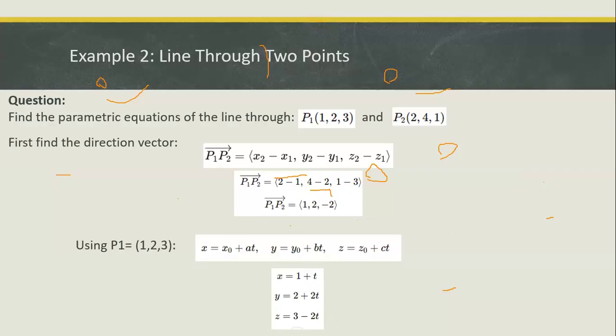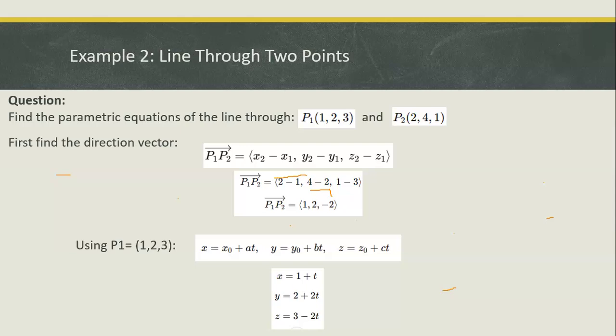The second example deals with a line through two points. We have here: find the parametric equations of the line through P1, which is (1, 2, 3), and P2, which is (2, 4, 1). When we are given two points, we have to find the direction vector.